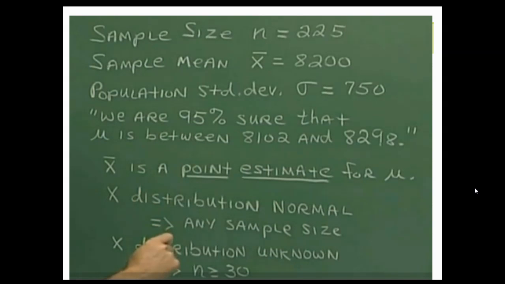All right, right from the video, given a sample size n of 225, a sample mean of 8,200, and a population standard deviation of 750. A confidence level: we are 95% sure that mu, the mean of the population, is between 8,102 and 8,298.